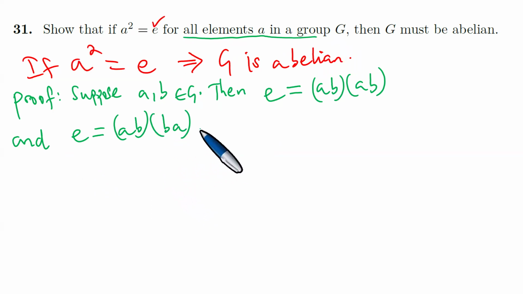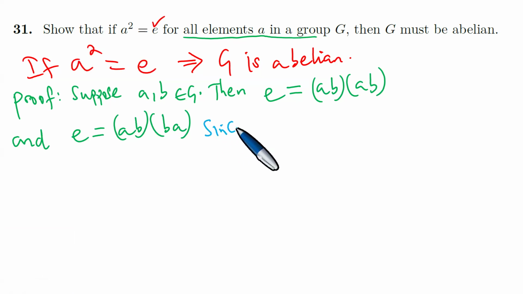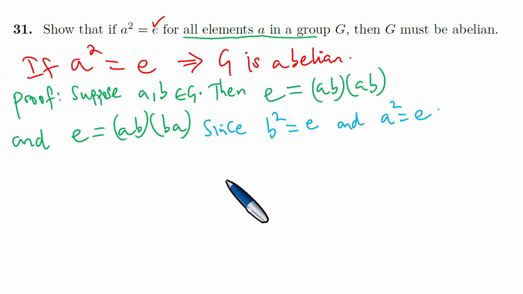And why is this the case? It is the case since B squared is the identity, because you have B times B, which is the identity, and also A squared is the identity. Now we continue as follows to conclude the proof.